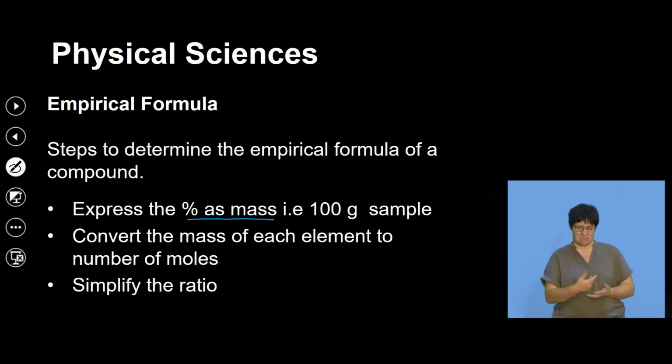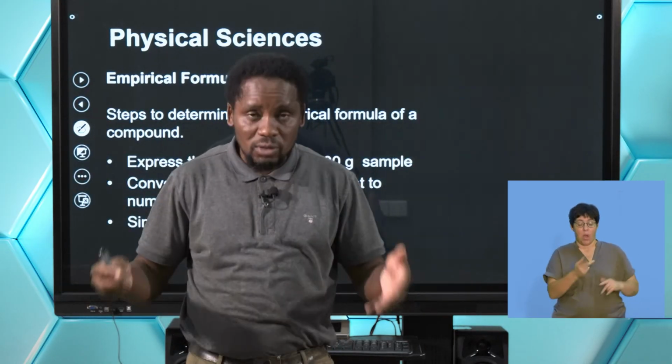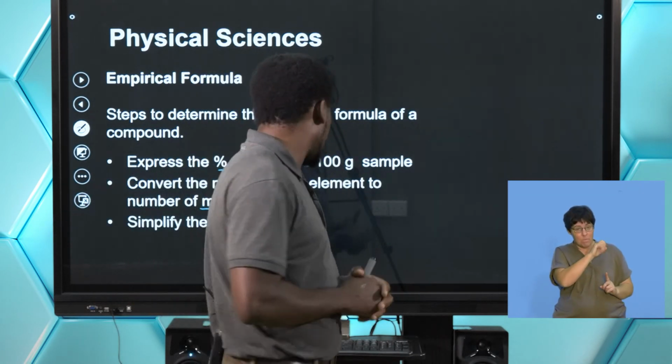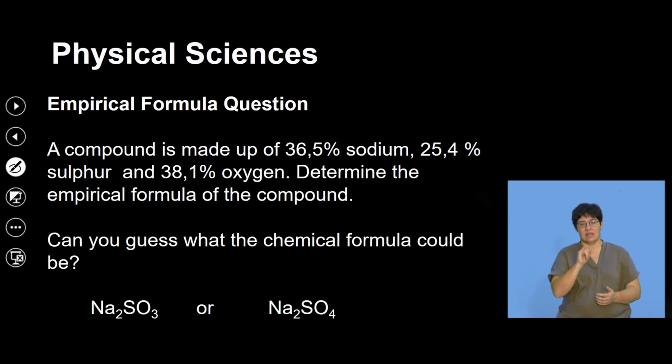Then we convert the mass of each element to the number of moles, because it's always about the moles. Remember, the empirical formula shows the simplest whole number ratio of moles of each element. So at the end of the day, we must determine the moles, right? Then we can simplify to the simplest whole numbers, and when we talk about whole numbers, we're talking about integers. I think you recall that very well.